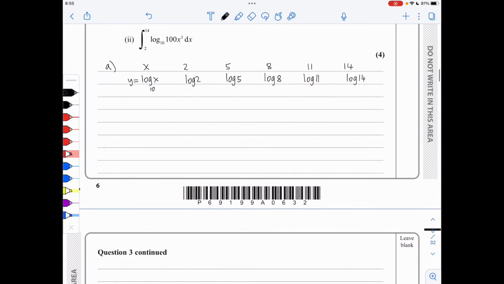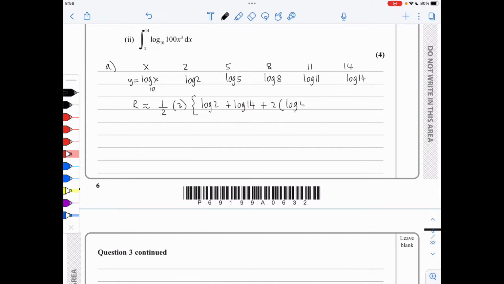So the area R will be approximately a half times the width of the trapezia, which is 3 here, the difference between two consecutive values of x. So a half times 3, and then the first and last y values are included once, and all intermediate values are included twice.